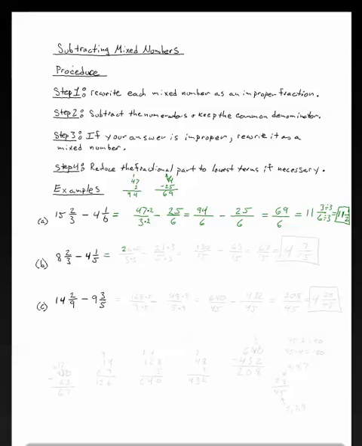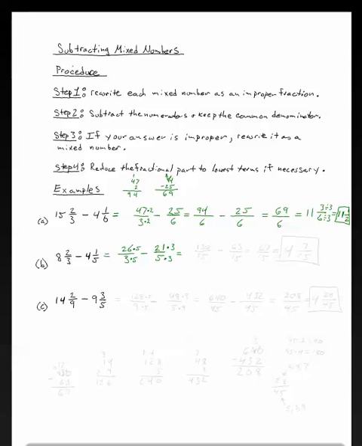So we get 26 over 3 minus 4 times 5 is 20 plus 1 is 21. 21 over 5. The lowest common denominator between 3 and 5 is 15. So 3 times 5 is 15. So I have to do the same thing to the numerator. And 5 times 3 is 15. I have to do the same thing to the numerator.